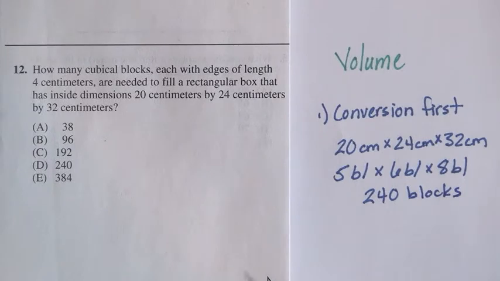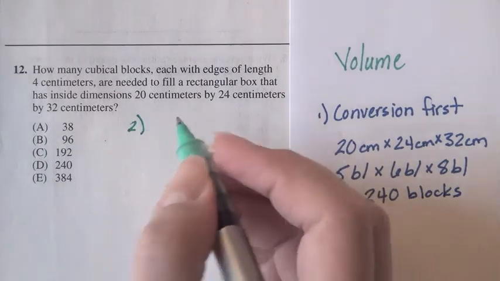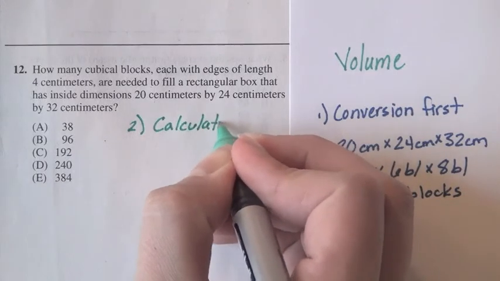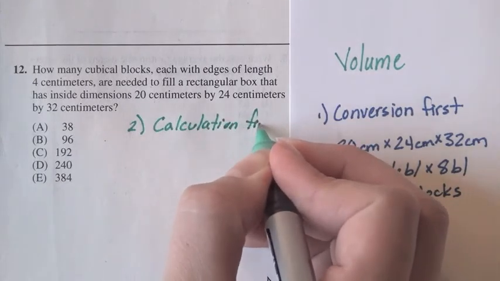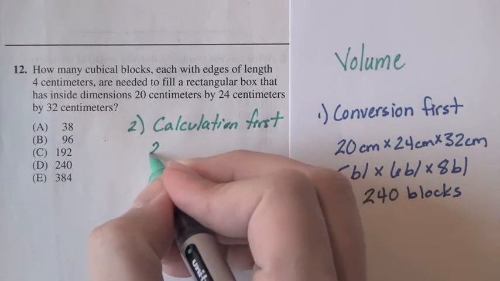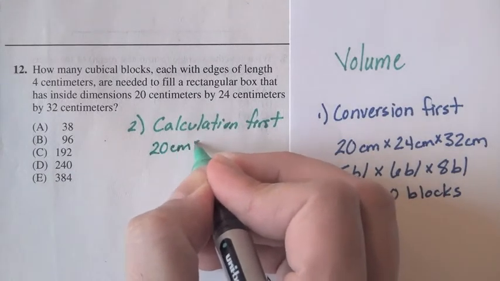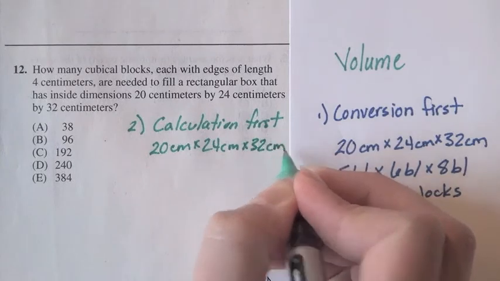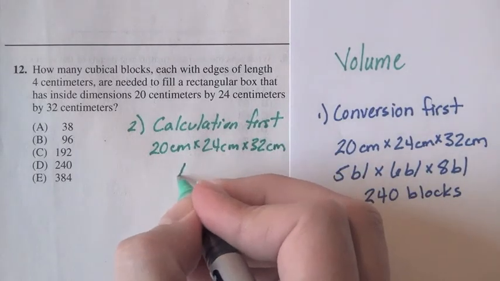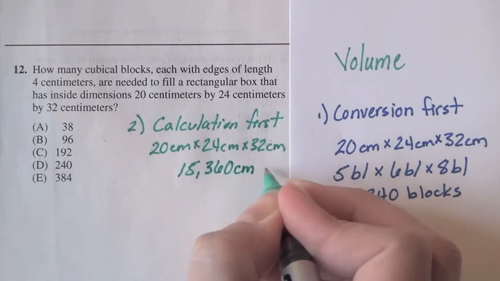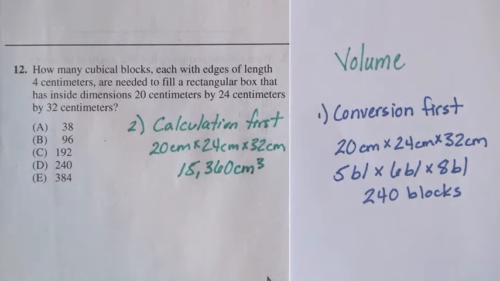Your second method is to do what I'll call calculation first, meaning that you're going to calculate the volume first and then divide it by the volume of an individual block. So that means we'll do 20 centimeters times 24 centimeters times 32 centimeters. That'll give us 15,360 cubic centimeters of volume.